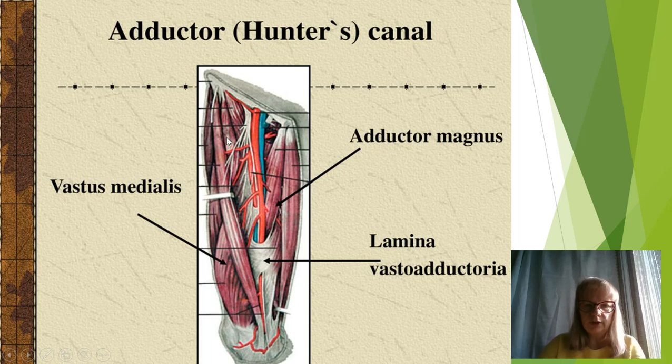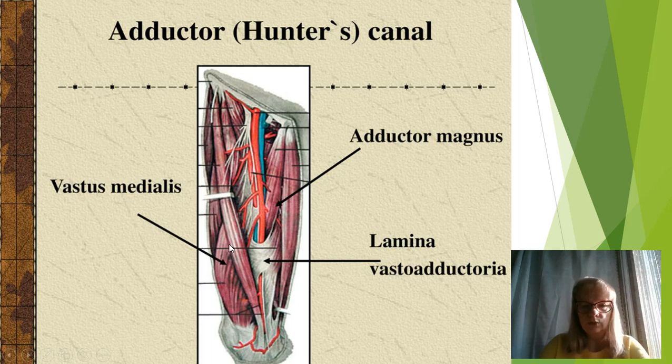The femoral trigone continues downward to the middle aspect of the thigh as the adductor canal, or Hunter's canal. The canal has three boundaries. The first is the vastus medialis; the quadriceps femoris has the rectus head and vastus intermedius, medialis, and lateralis.